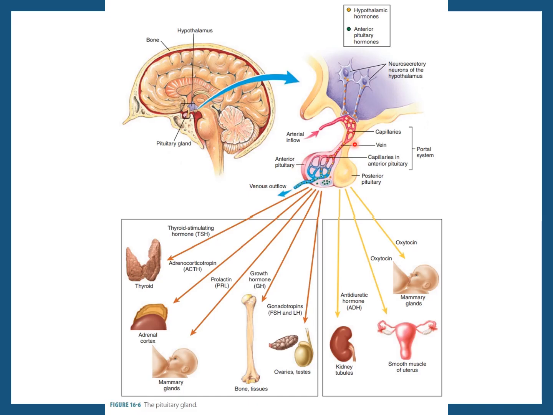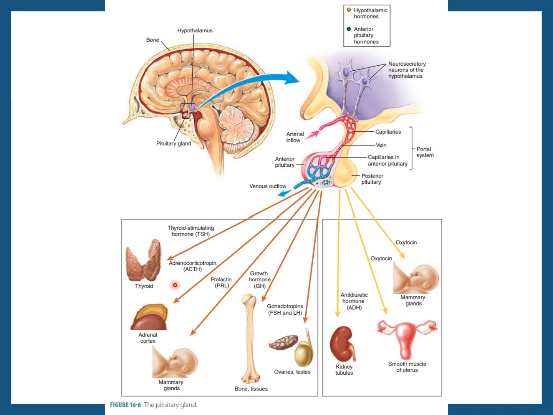They will travel through that hypophyseal portal tract into the anterior pituitary. And then the anterior pituitary will release a hormone. If it releases thyroid stimulating hormone, that will go to the thyroid.